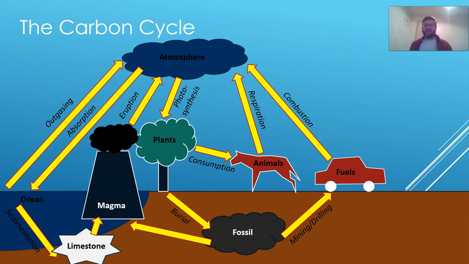And we discovered that if we dig up or drill for that fossil carbon in the form of coal, oil, natural gas, that makes a great fuel. So we can have human activities of mining and drilling, creating a flow from the fossil carbon underground into the stock of fuels that humans have.